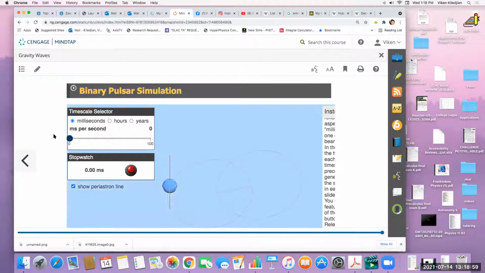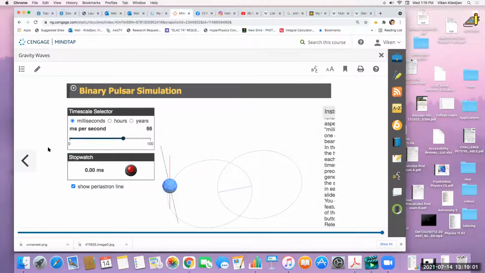Okay, let's make sure I'm outside of that. Why is it doing that? So take a picture of it. Why is it on that? Okay, I gotta make sure I click outside of that box.